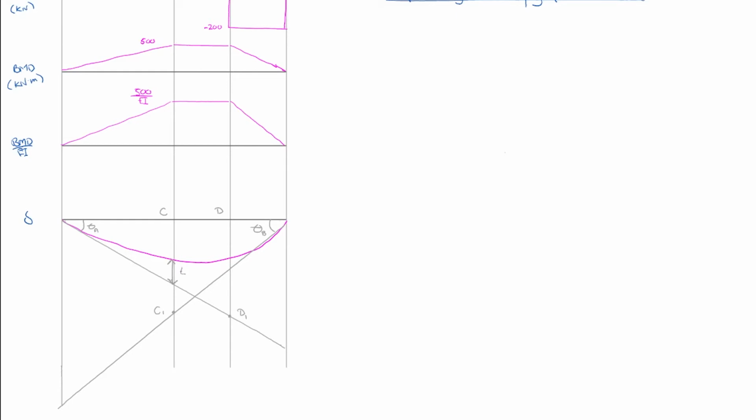So that is the vertical distance of the tangent at C with respect to A. And likewise, I can draw it in here. This distance here is the distance of the tangent at D with respect to A.